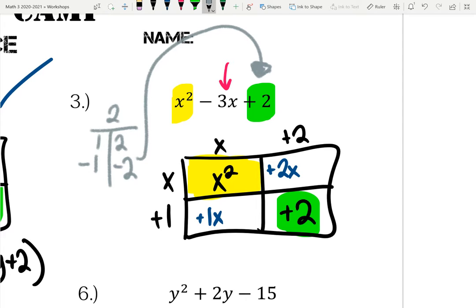This is going to be a recurring theme in your tool belt. So by forcing, I have to erase this because I'm starting over. I'm going to force both of these numbers to be negative. Does negative 1 times negative 2 equal positive 2?